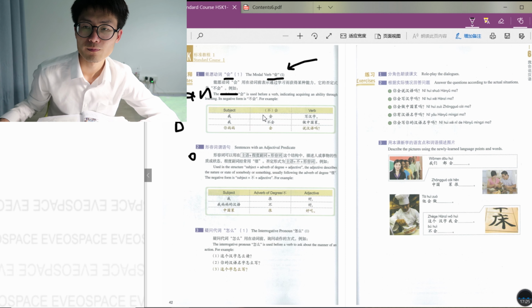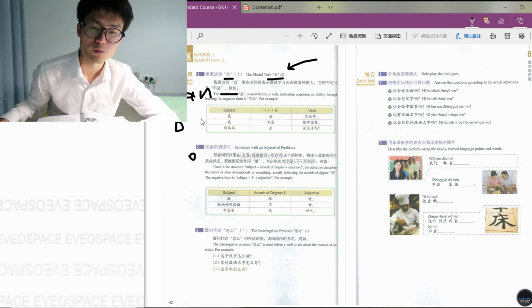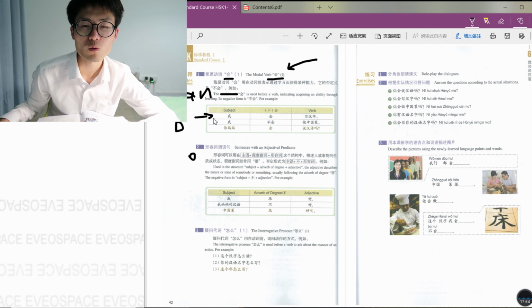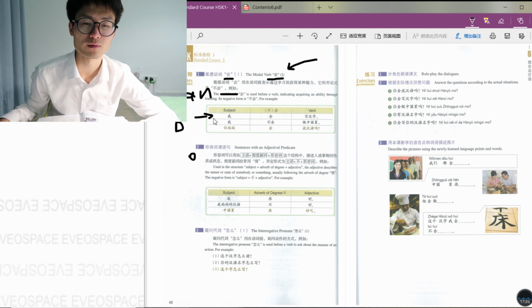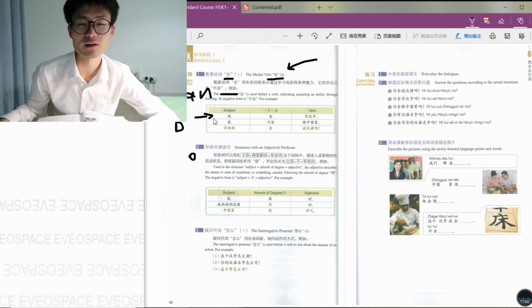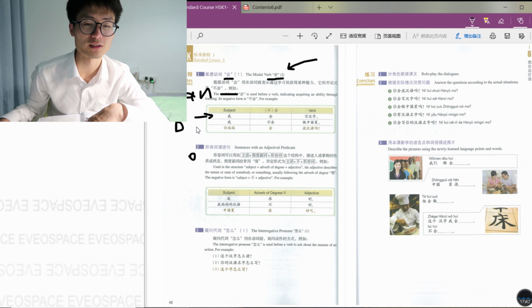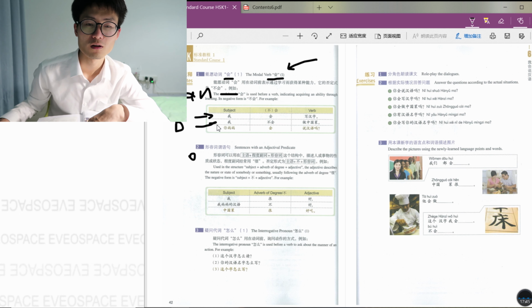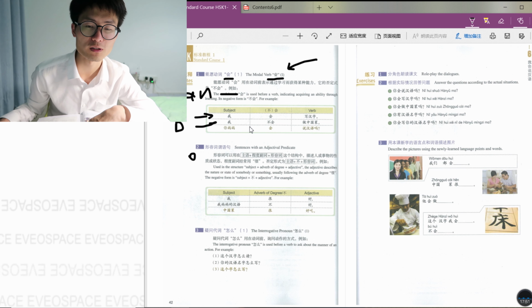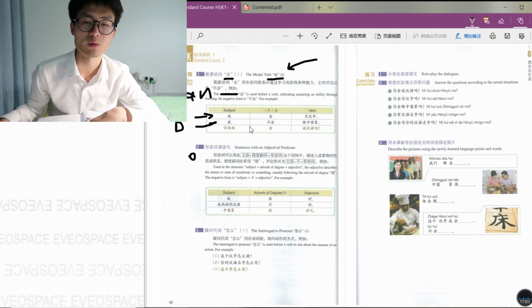So let's move on to these sentences. The first one, 我会写汉字. It means I can write Chinese characters. The second one, 我不会做中国菜. It means I can't cook Chinese food.